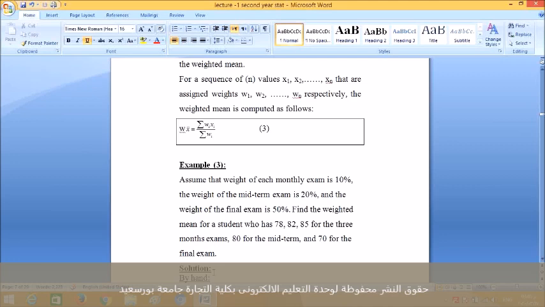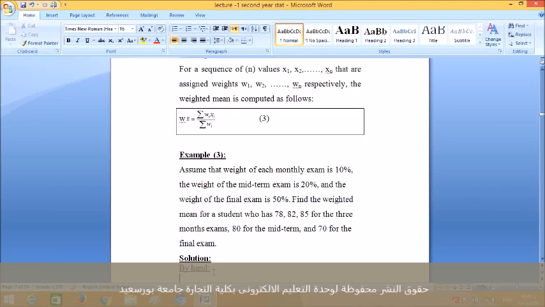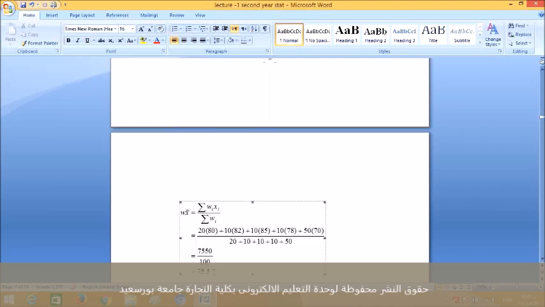Okay, the solution will be manual solution or by hand. You have to multiply every weight by the score corresponding to this weight.